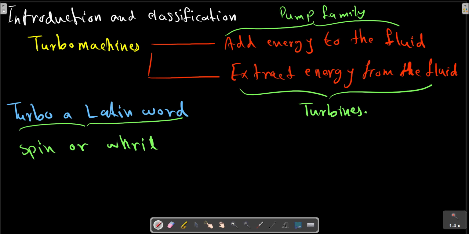Machines that deliver liquids are simply called pumps.